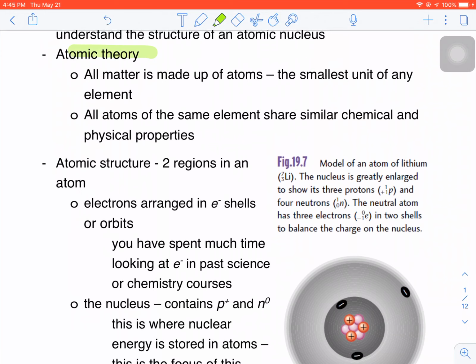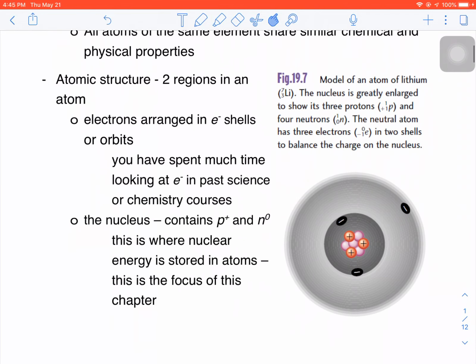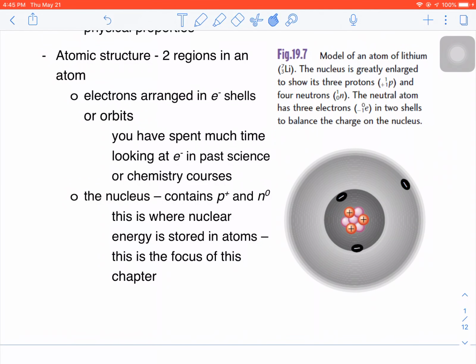Now again, what we've learned about, because we had to learn how to do Bohr diagrams, and we did them until we were seeing dots in our sleep, is if I look at a lithium atom here, I know it's lithium because I see 3 protons in the nucleus. The protons tell me that it's lithium. I see 3 electrons on the outside of the nucleus.